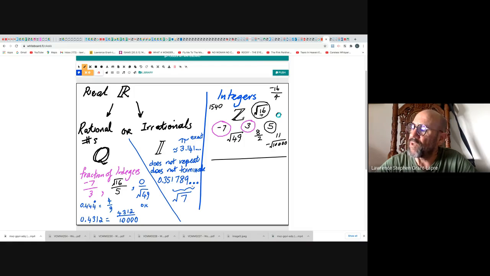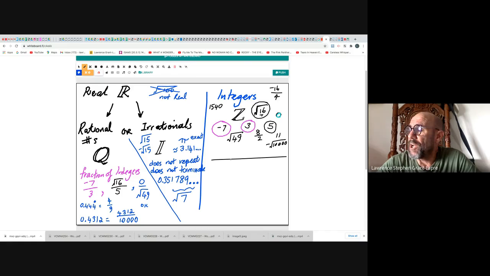Any square root that will not work, that's irrational. So the square root of 15, negative the square root of 15. Yeah, you just can't have a negative under the square root sign. That's not real, okay? We call them complex numbers, unreal numbers, but they're not real.